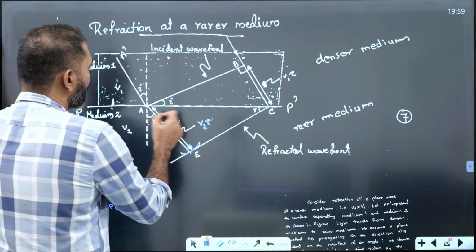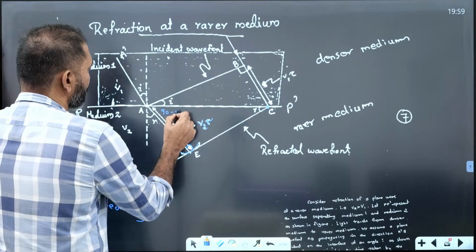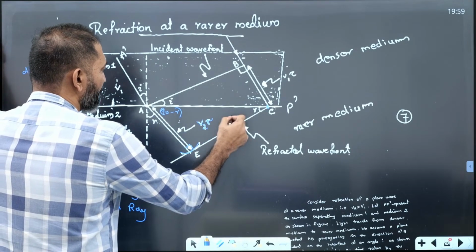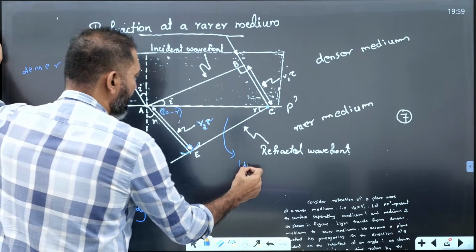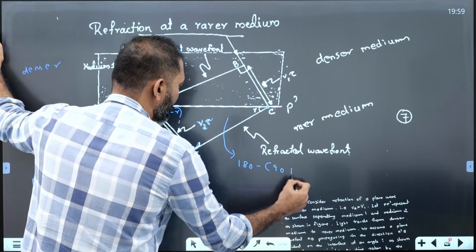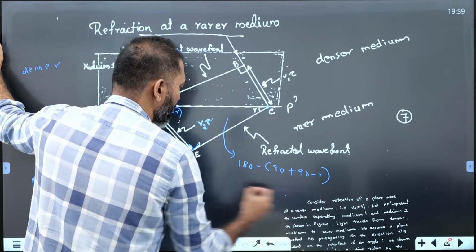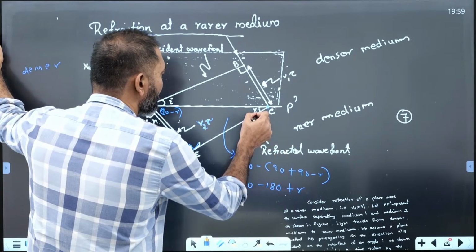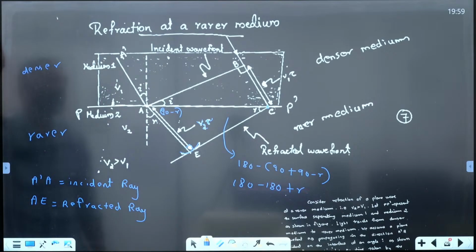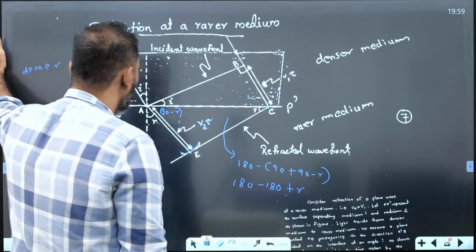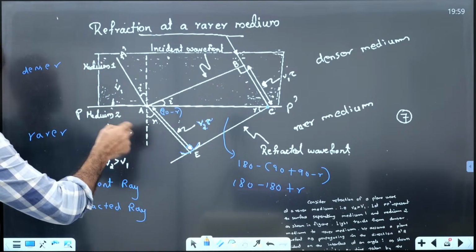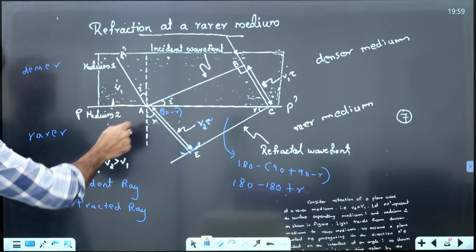So this will be 90 minus R. This angle will be 180 minus 90 plus 90 minus R, so 180 minus 180 plus R. So this angle is R. CE is the refracted wavefront, AE is equal to V2 tau is the refracted ray, and A dash A is the incident ray.